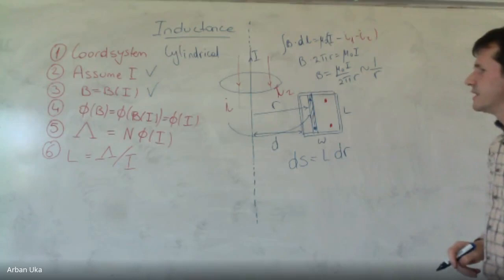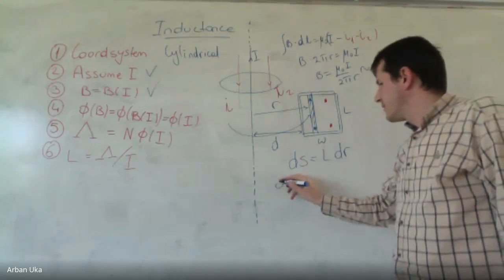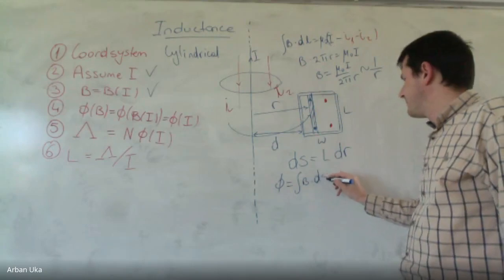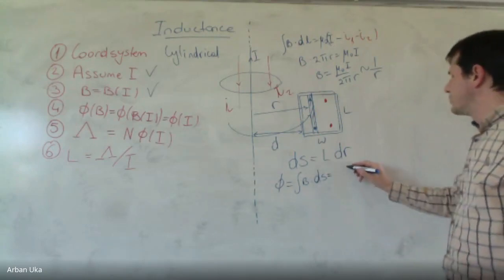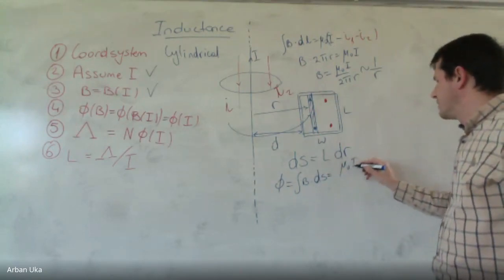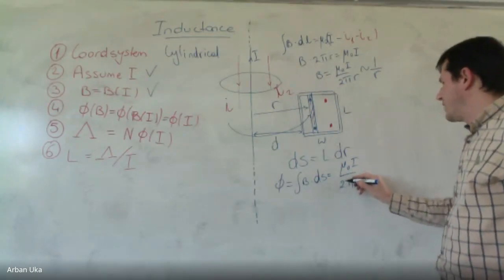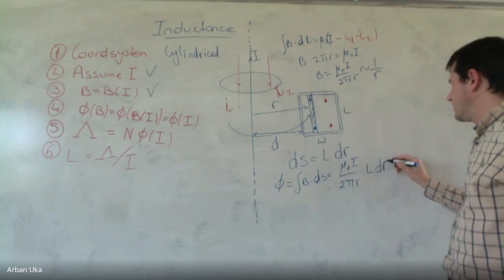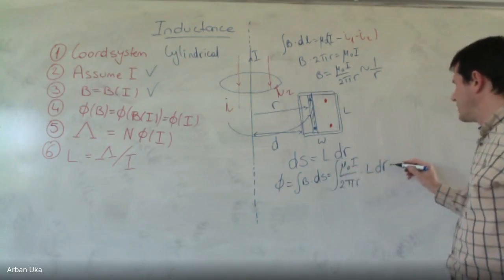Okay? And then the flux has to be equal to the integral of B dS. And B is equal to mu 0 I over 2 pi r times L dr. And we need to integrate this.